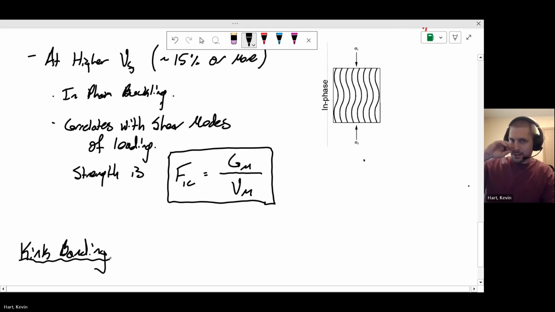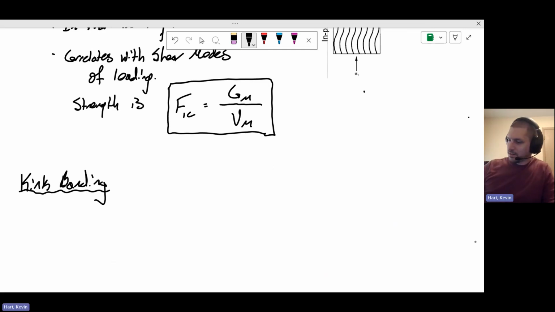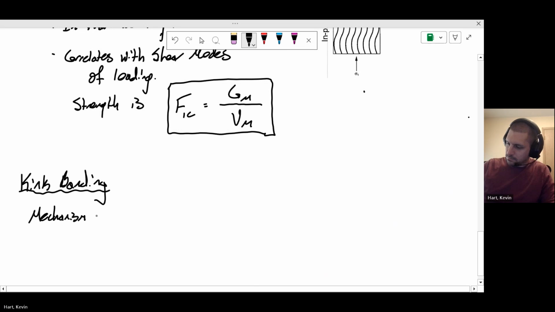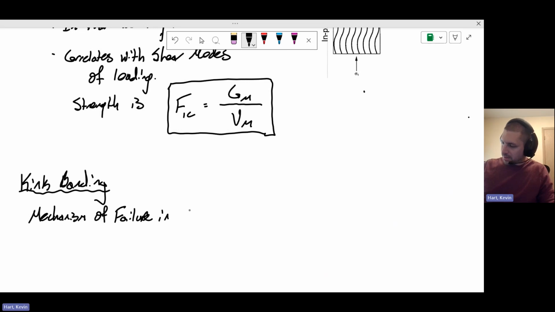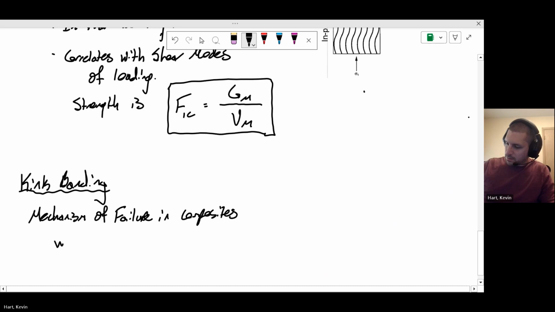So kink banding happens in composites that undergo this microbuckling phenomenon. So it occurs, and it's a mechanism of failure in composites with microbuckling.